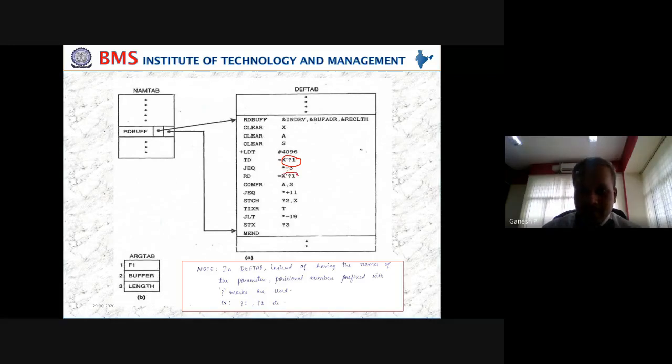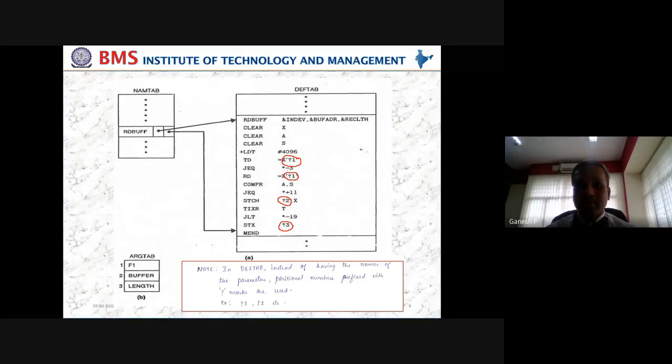That (1) is going to pertain to the first parameter. Similarly, (1) pertains to the first parameter, (2) pertains to the second parameter, (3) pertains to the third parameter. That's how it is going to identify various formal parameters that we have provided with the macro definition or macro name.